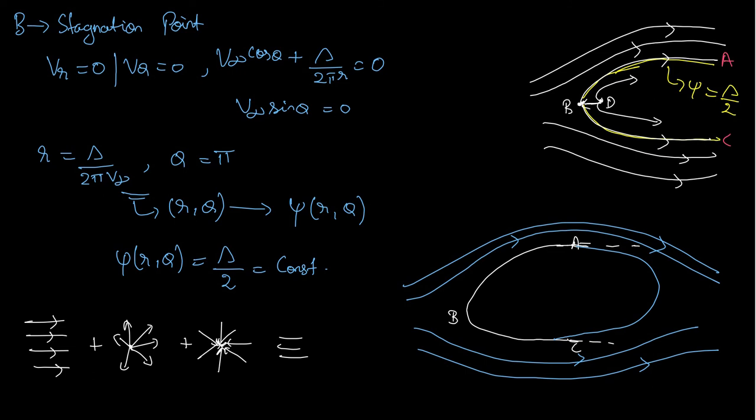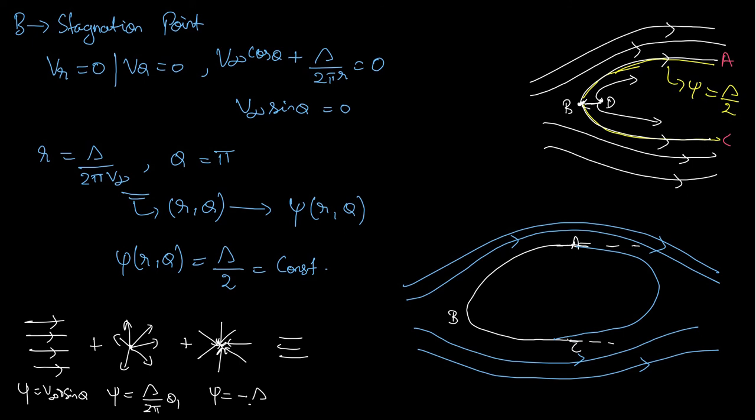So there are some calculations which we can do to find out the similar things. We can find out the stream functions, velocity potentials, V_r, V theta. So it is just the same thing. Psi equals V infinity r sine theta. We have psi equals lambda by 2 pi times theta 1, and psi equals minus lambda by 2 pi theta 2. This is not delta.